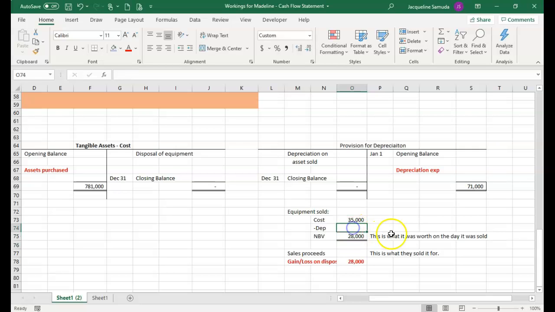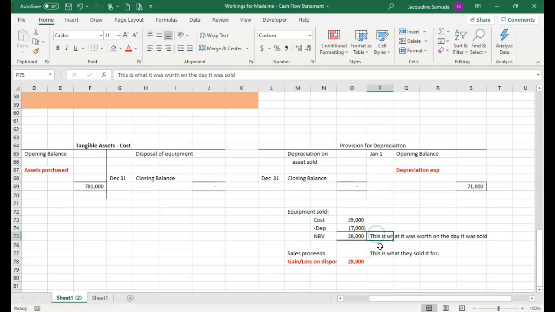So it means therefore that it had experienced depreciation of $7,000. So $7,000 of depreciation was experienced by the asset before it was sold, which brought it down to 28,000.